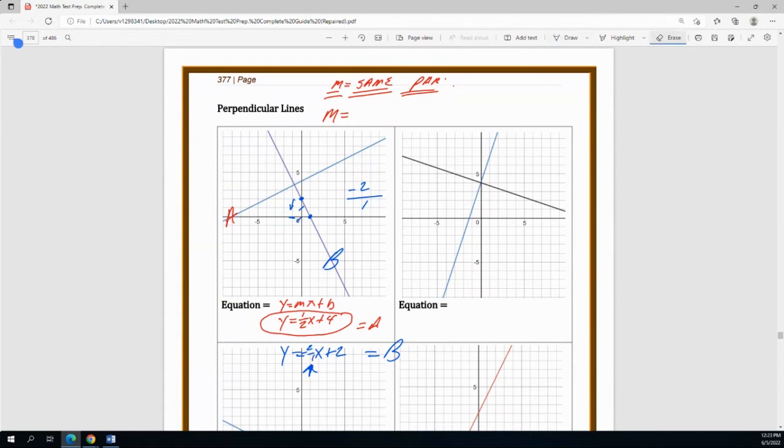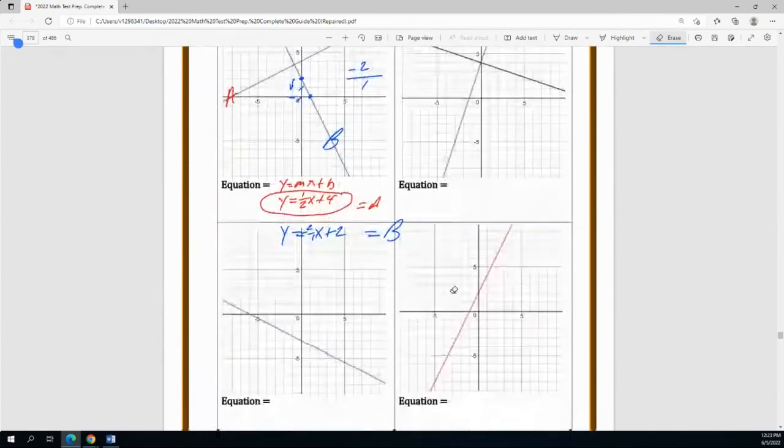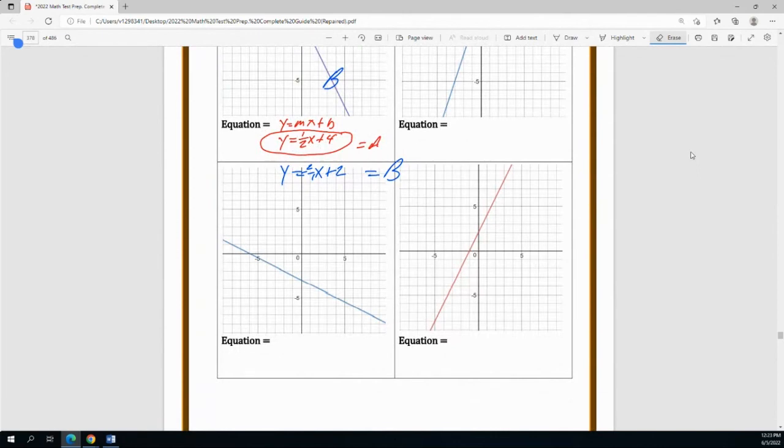Now, look at this. I'm going to clean this up, and bring it down here a little bit. I want to look at these two equations together. Let me rewrite this just really quick. This one's A, and for B down here, I'm going to put y equals, flip the slope.